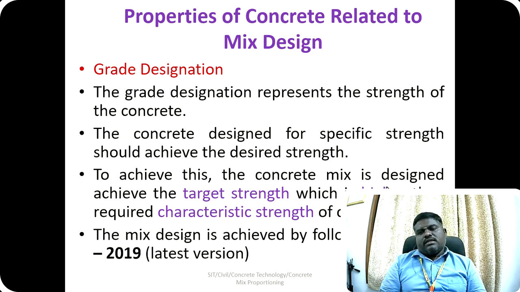at the site during the casting of concrete, due to poor workmanship or some other problems, the strength of the concrete can be reduced. In that case, to overcome that, if we design a concrete for a higher strength than the characteristic strength, then this higher strength will take care of the mistakes that happened at the site.